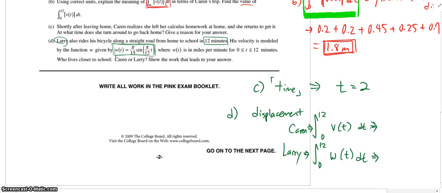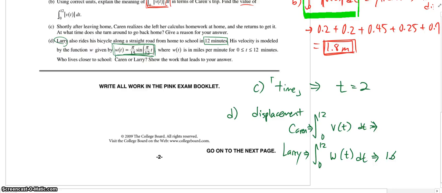In Larry's case, we can just compute it on our calculator, because this is the graphing calculator section. When you plug in w(t), right here, into the calculator and integrate over the interval 0 to 12, we get 1.6. So this is 1.6 here.